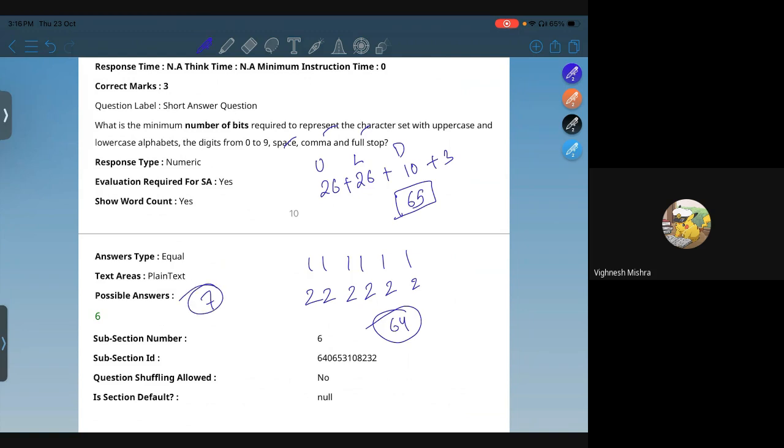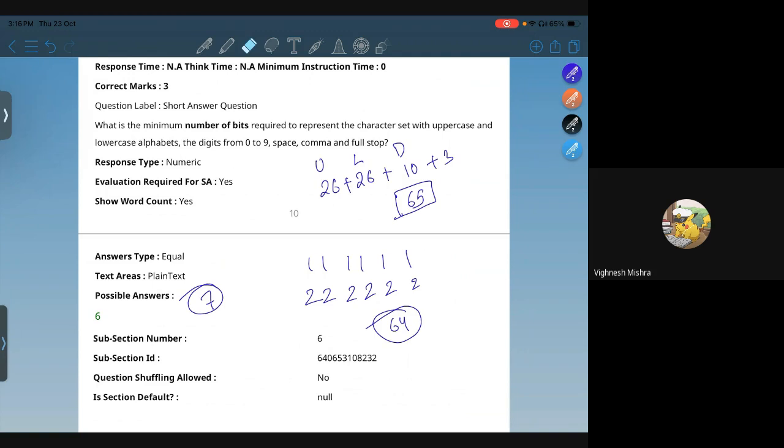So minimum should be 7. So we need 7 bits.